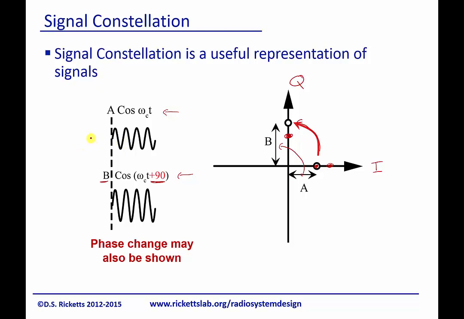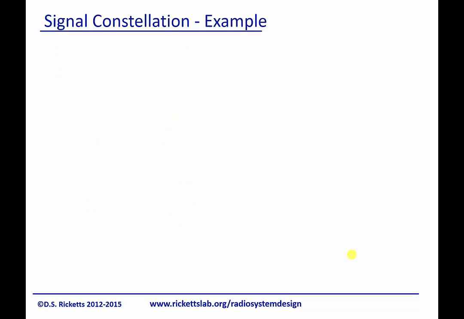In this example, this might represent 0 and this might represent 1. However, as we'll see going down, this could be 0, 1, 1, or 0, 1, 0, and this could be 0, 1, 1. Each one of these points represents a state, and we can have a number of states: 2, 4, 8, 16, as many states, frankly, as you want. We'll see more of that as we go along. So let's look at an example.